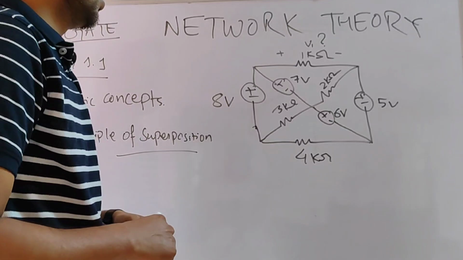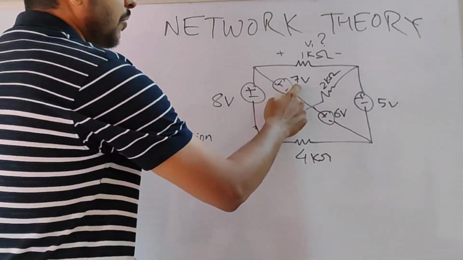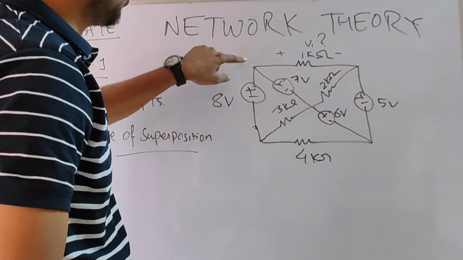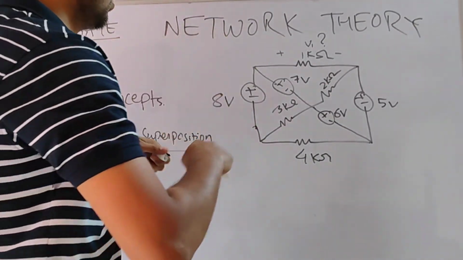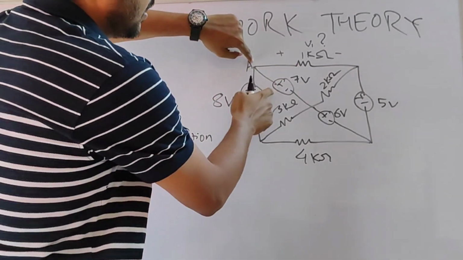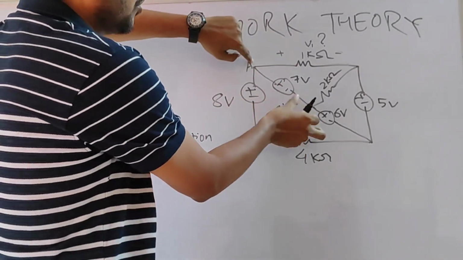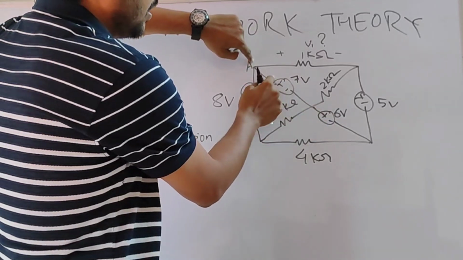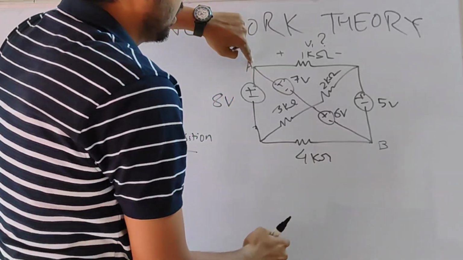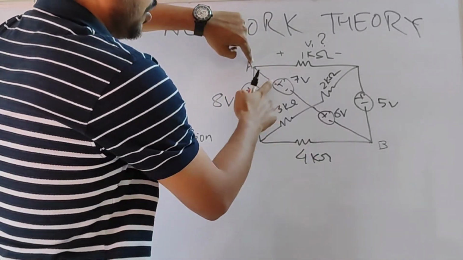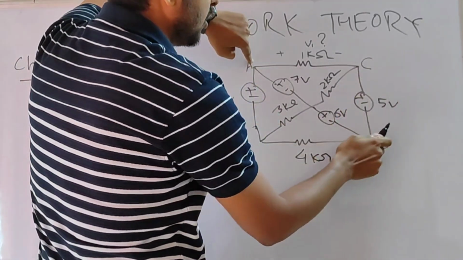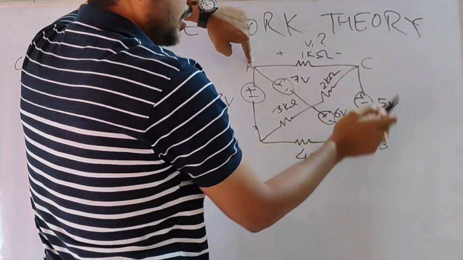So let's assume that this 7 volt, 6 volt, 5 volt are not there. Then only this 8 volt source is there. Let's say this point is node A. Since these two are not there, this voltage has to be replaced with 0, so this will be shorted. A and B are shorted because these voltage sources are not there, and the 5 volt is also not there, so this point is also shorted.